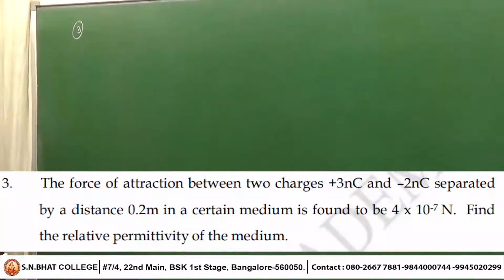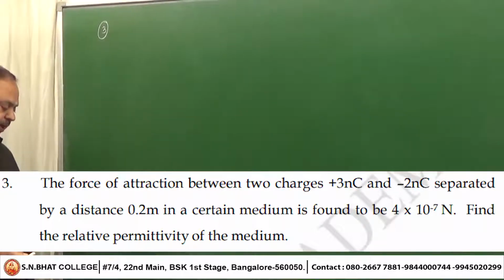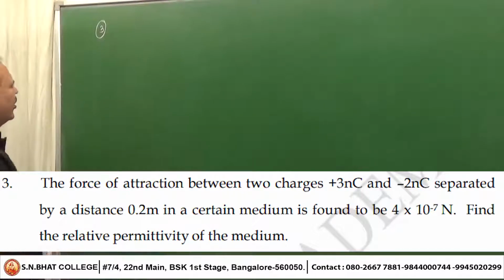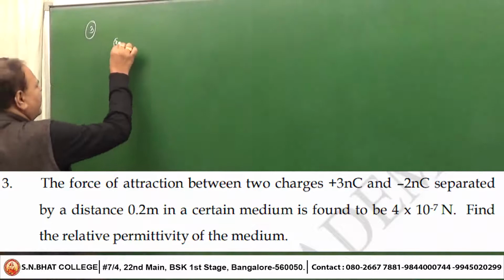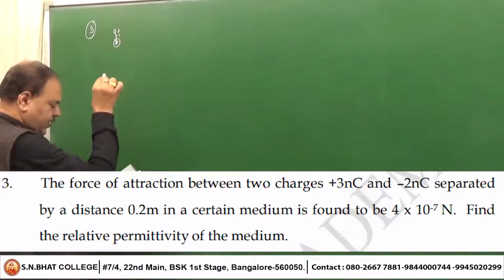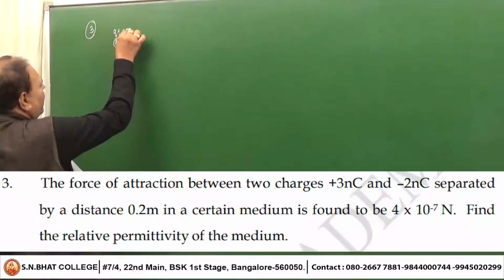Force of attraction between the two charges plus 3 nanocoulomb and minus 2 nanocoulomb separated by a distance 0.2 meter in a certain medium is found to be 4 into 10 to the power minus 7 Newton. Find the relative permittivity of the medium. Look, what he has given is the two charges. One of the charges is Q1, whose value is plus 3 nanocoulomb.